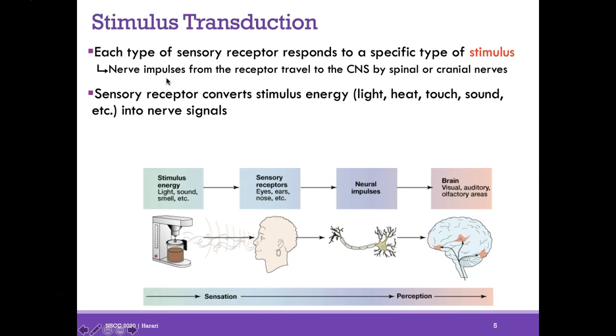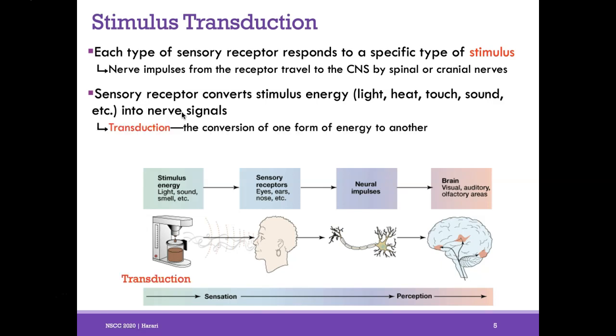And that can activate a sensory receptor. And that sensory receptor will convert the stimulus energy into nerve signals. That whole process is called transduction. Transduction just means the conversion of one form of energy into another.